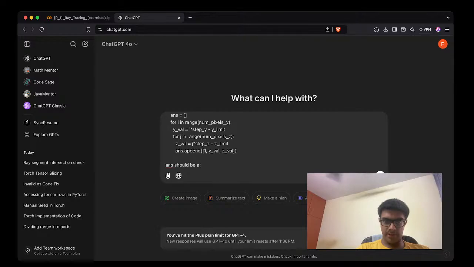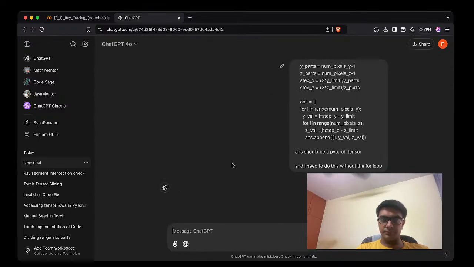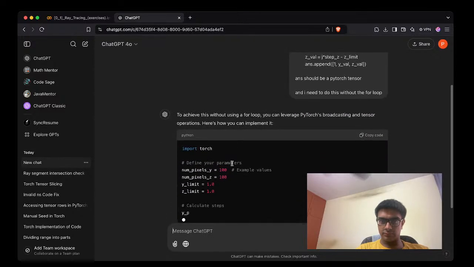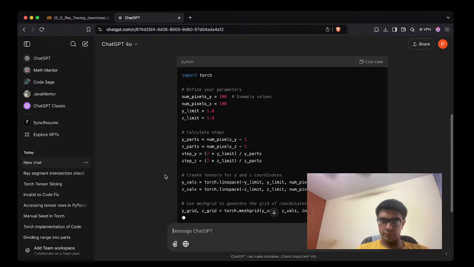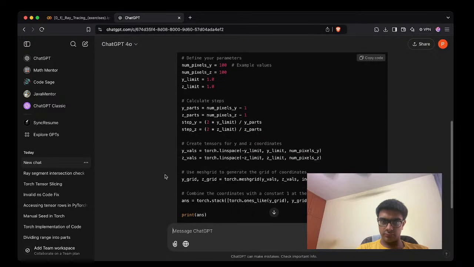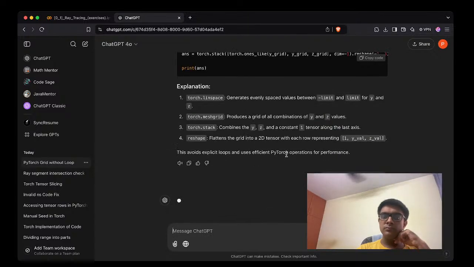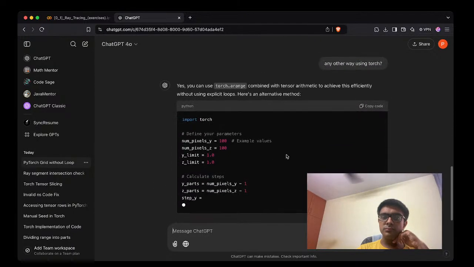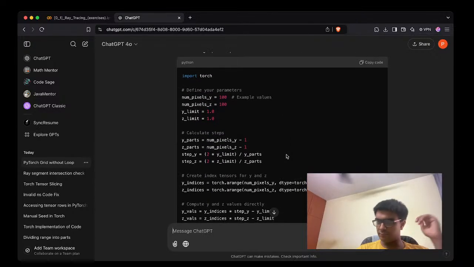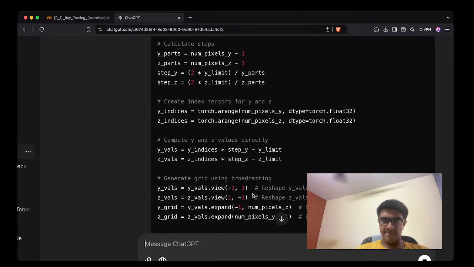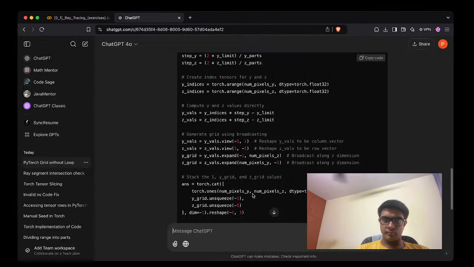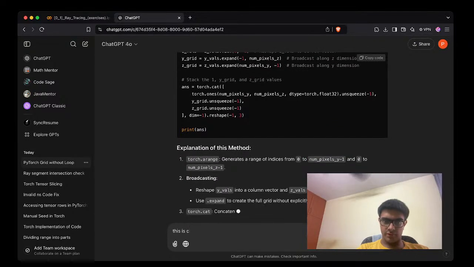Answer should be a PyTorch tensor, and I need to do this without a for loop. Huh. This is complicated.